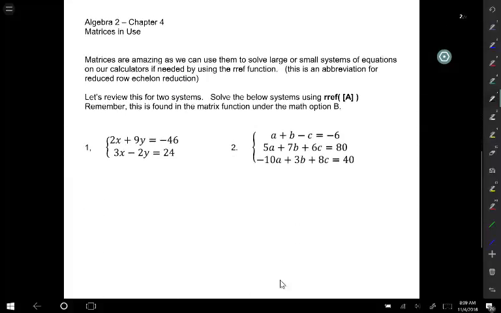Let's do a little review from yesterday. The purpose of a matrix is to gather and arrange data. One function that you do with a matrix is called the reduced row echelon function.